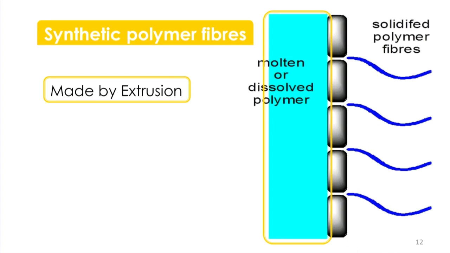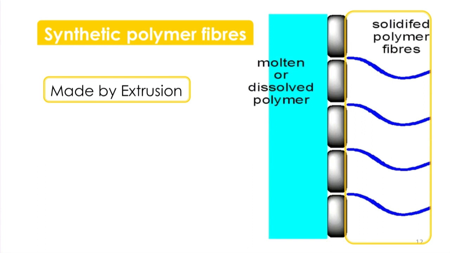The barrier is permeable, there are holes in it, so when the liquid form of the polymer is forced through the barrier into a new medium where it solidifies, as it goes through these holes, it will form fibers. And this is called extrusion. And synthetic fibers are typically made by extrusion processes.